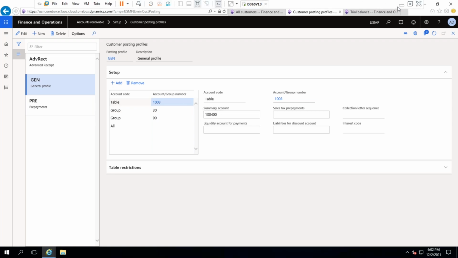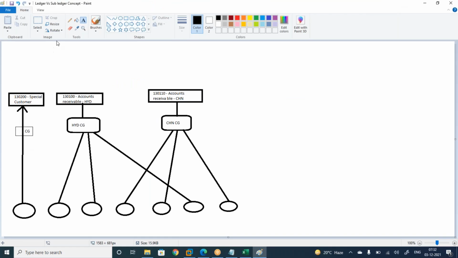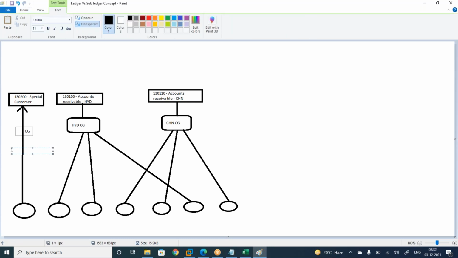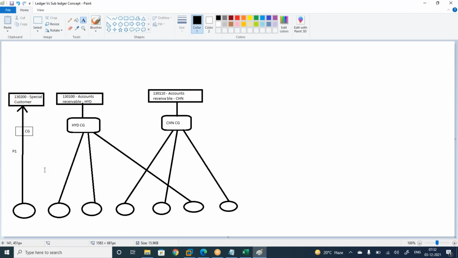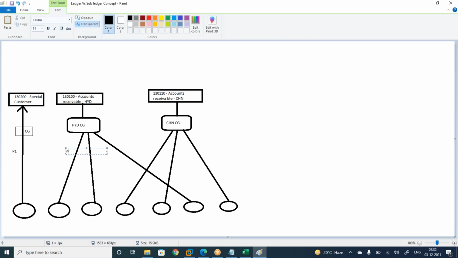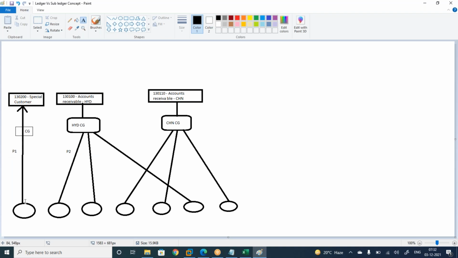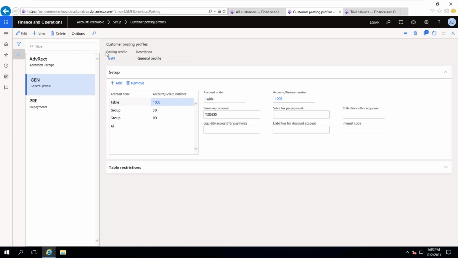So the priority is the first one. This is the top priority, priority 1. This is priority 2. The system will verify whether the customer is directly linked to any ledger account in the customer posting profiles.